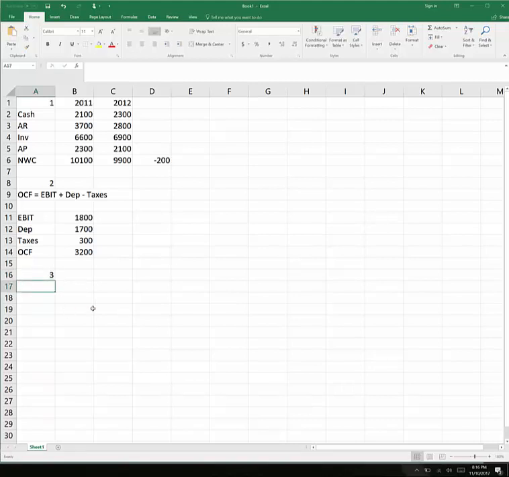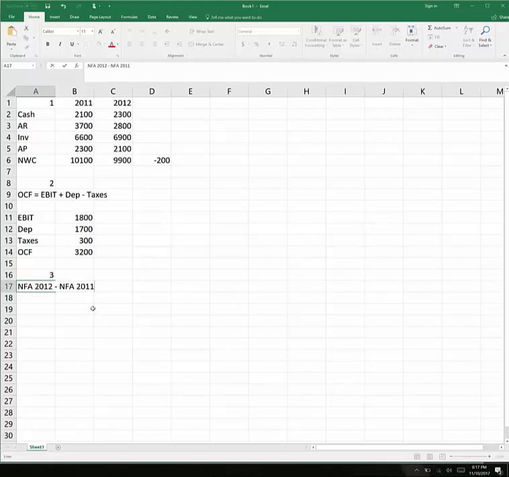The third question, and for the first question too, just be careful about ordering so you get the right sign. We want to know the amount of net spending in 2012. So we're looking at a change from 2011 to 2012. So we're going to take net fixed assets in 2012 minus net fixed assets 2011.